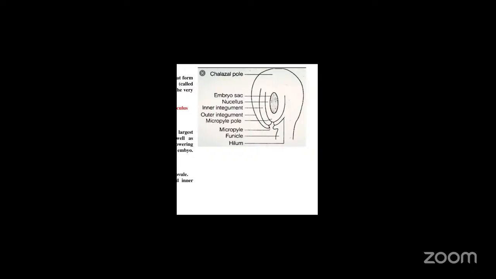So this is the structure. This is the mature embryo sac, the chalazal pole.